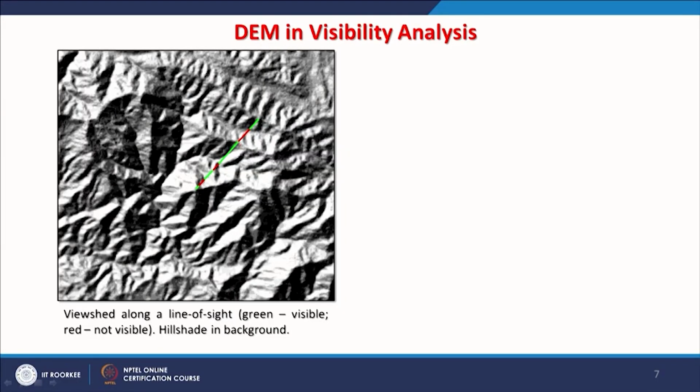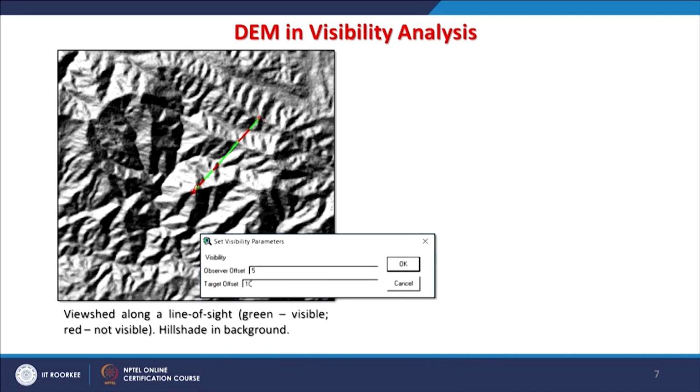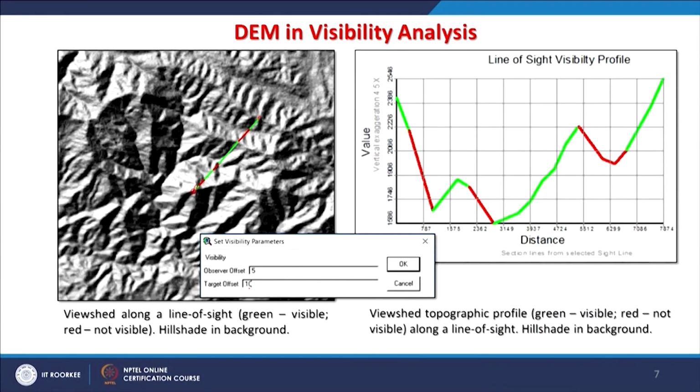If I go for a line of sight like here, then there is a point, there is a point, and in between what happens? So, green areas are showing that these are the areas from that point which would be visible, red areas will not be visible. You can change the offset values and then reanalyze the entire thing.